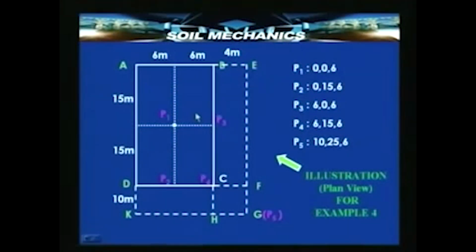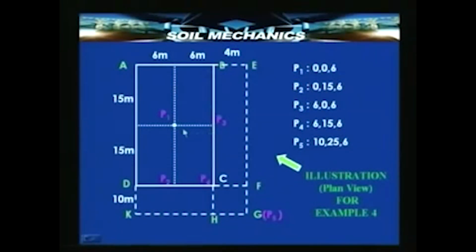So, if I can calculate the influence factor for one rectangle and the corresponding stress, then I will get the same influence factor and the same stress, because the other 3 rectangles are also meeting at the same point P1, they have the same dimensions.